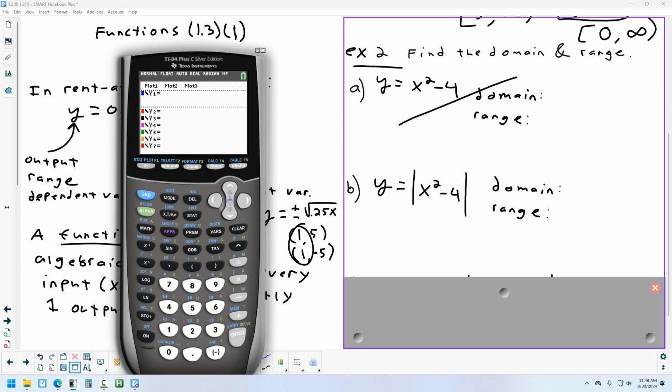Okay, so to do absolute value bars, you have to press the math button. The math button is the third one down on the left-hand side. And then at the top, you're going to press the right arrow, and you're going to go over to number. The very first option under number is ABS.